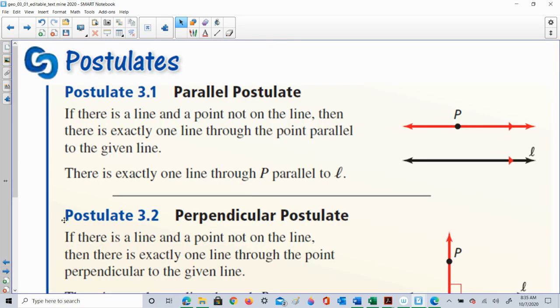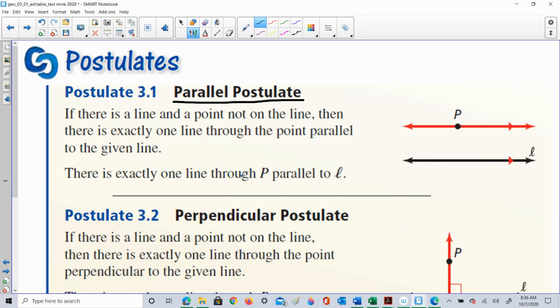So we have a couple postulates here. Remember, a postulate is a statement accepted as true without proof. The parallel postulate, I like these two postulates. Parallel postulate: if there is a line and a point not on the line, then there is exactly one line through the point parallel to the given line.